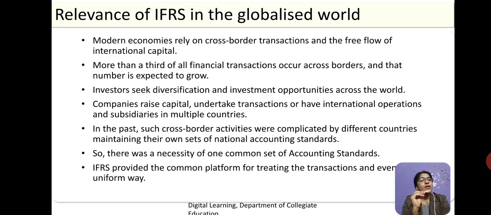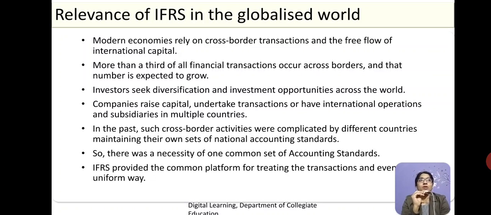So, modern economies rely on cross-border transactions and free flow of international capital. So, we need IFRS in the globalized world. Again, more than a third of all financial transactions occur across borders, and the number is expected to grow.